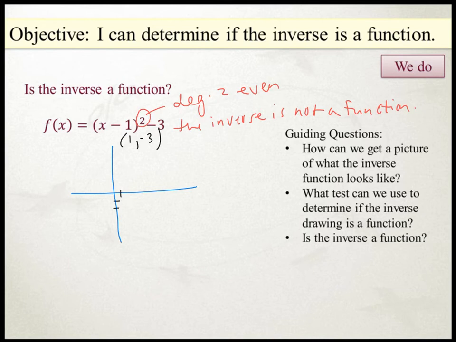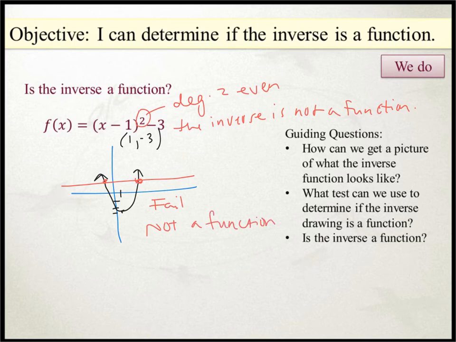So 1, 2, 3, there's my vertex. And I know my parabola opens up, so I'm just doing a quick sketch of this shape. And then I could do the horizontal line test. Okay, so if I do a horizontal line and it could touch my graph more than one time, that means it is not a function because of that horizontal line test.